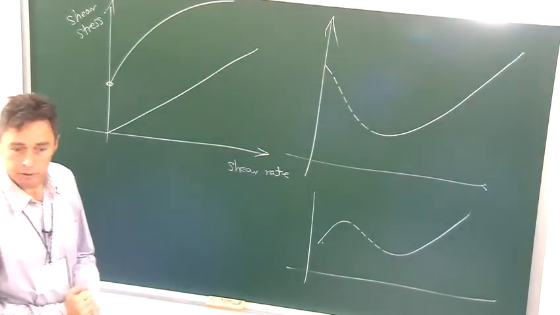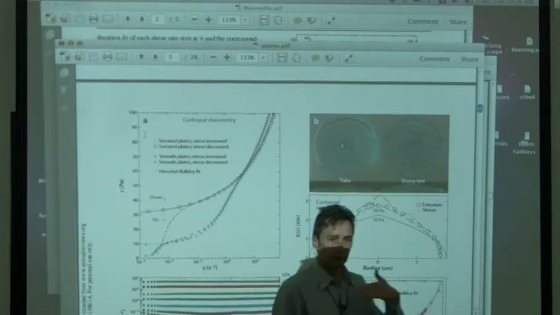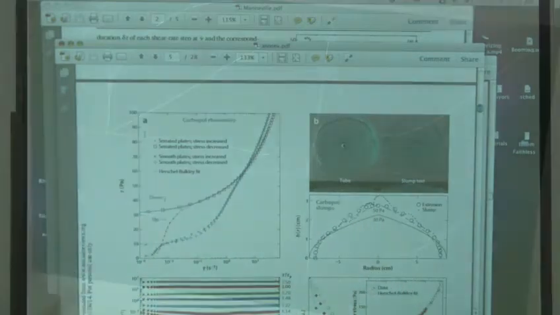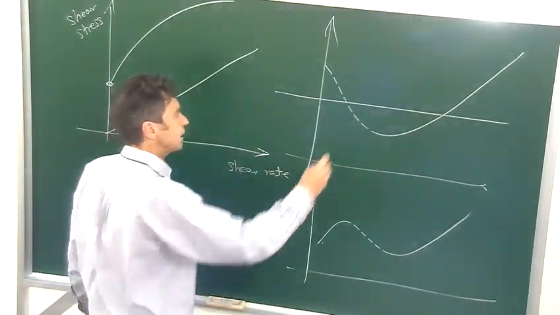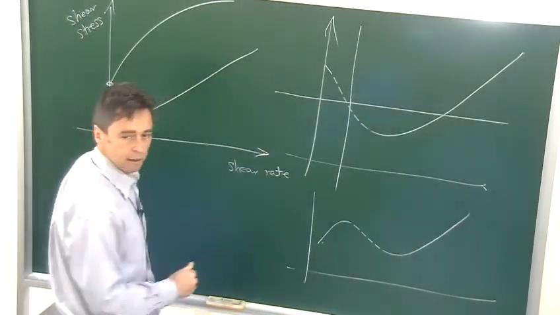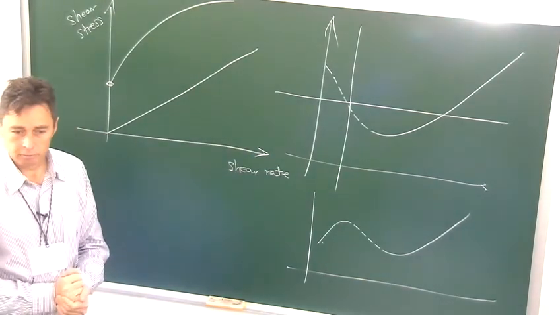And what people do in rheometry is they either fix the shear rate or they fix the shear stress. So if you come along and you say, I'm going to fix this shear stress, or if I fix this shear rate, then you have a sample in your rheometer that's got this unstable material behavior.